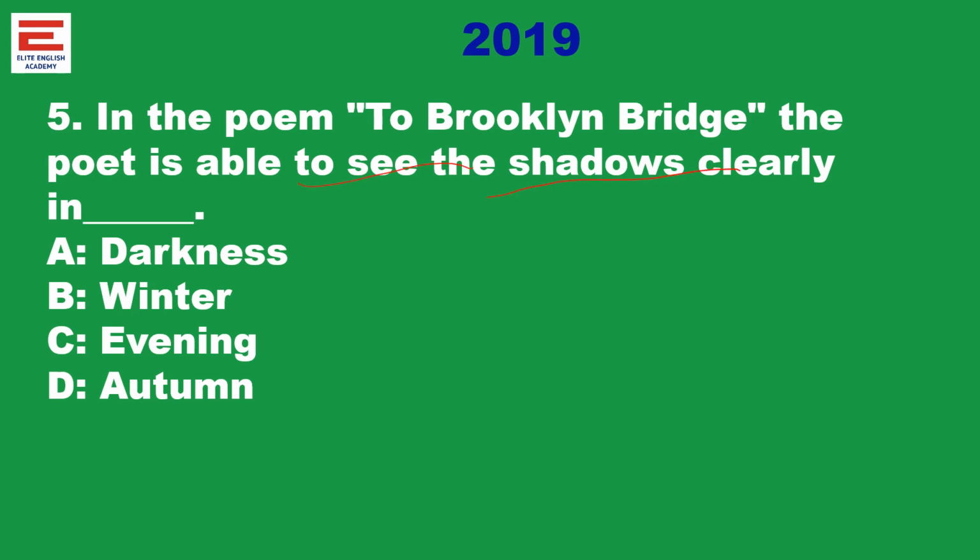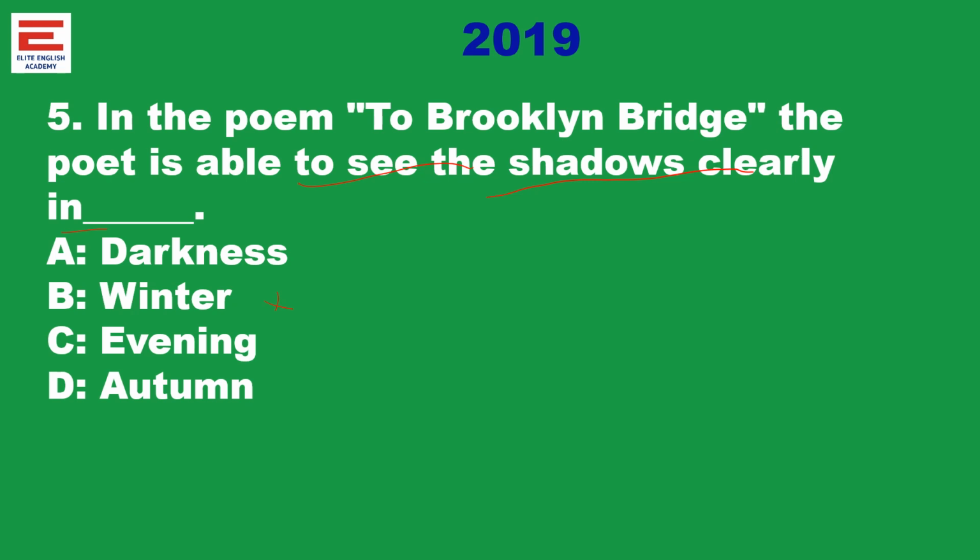the shadows clearly in. Actually, in a season like autumn, the sun will be bright, so naturally we can see the shadow. In the evening also there will be sun, we can see the shadow easily. Winter time is not referred to in this work at all. So what will be strange?